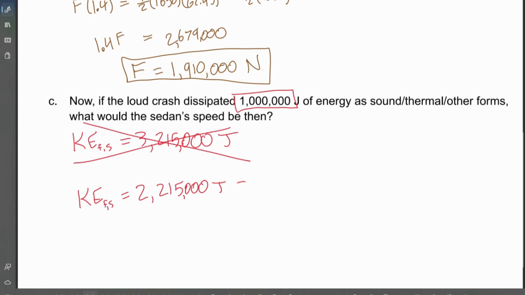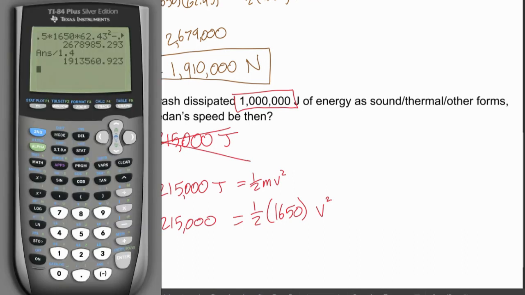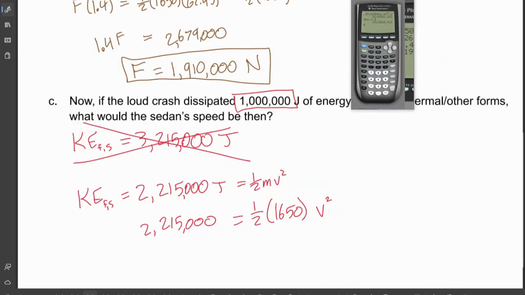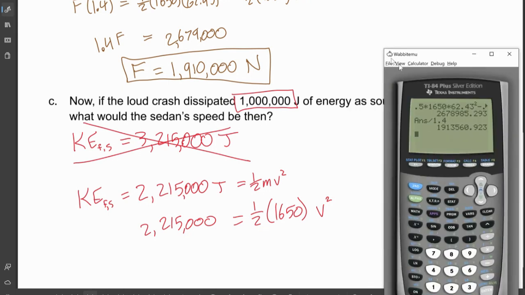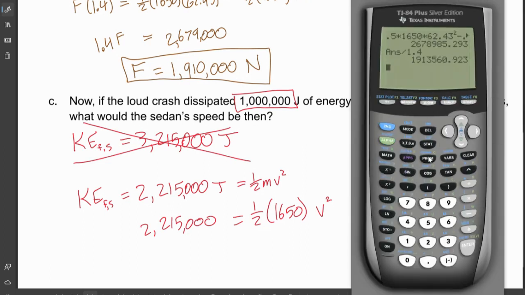Well, that's 1/2 mv squared. We know that 1/2 mass, 1650, times v squared is 2,215,000 joules. Okay, I'll bring this over here. The calculator shrunk on me. There we go.